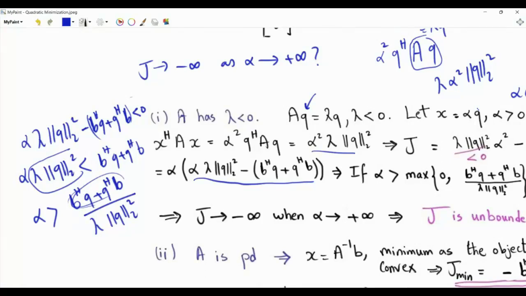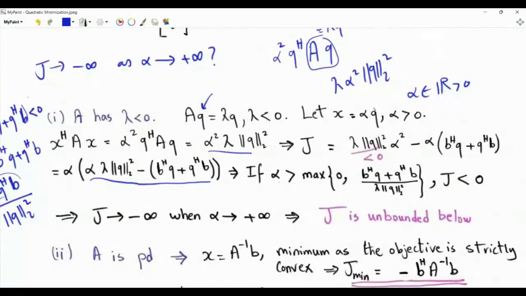Now if this quantity is negative, then we can choose any positive alpha. If this quantity is positive, we need alpha to exceed that quantity. So if we choose alpha to be greater than the maximum of 0 and this quantity here, then this bracket will be strictly negative, and this alpha is strictly positive.